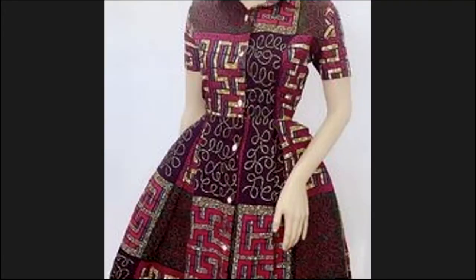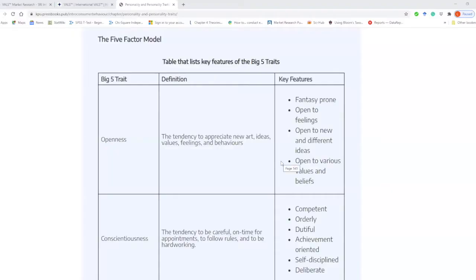So very quickly, let me share with you a typical example of the characteristics of individuals that fall within the different personality traits. Please, can we see the screen?